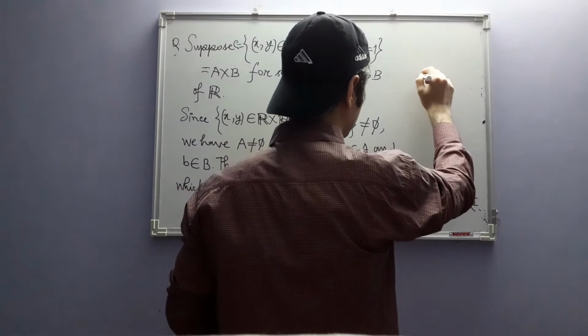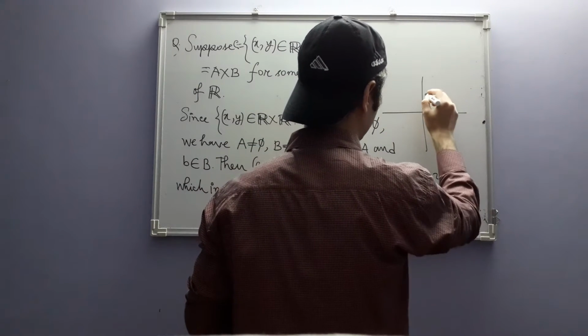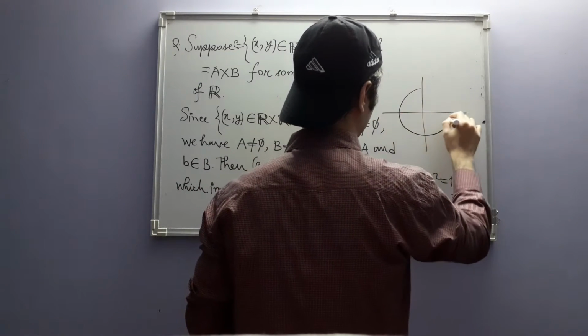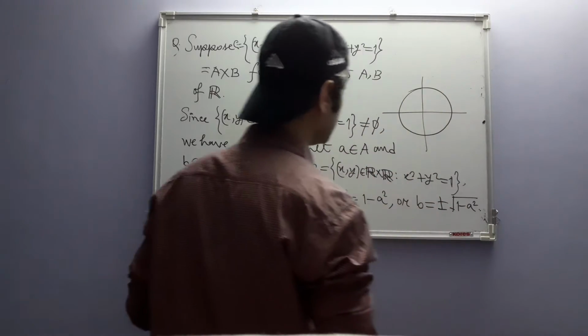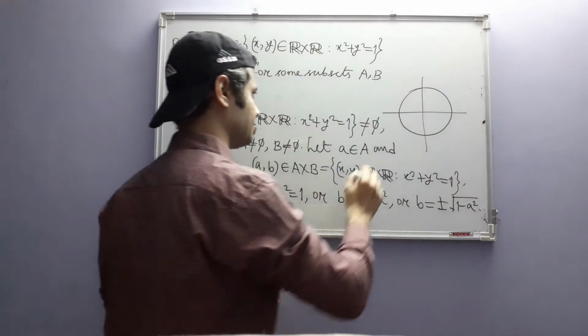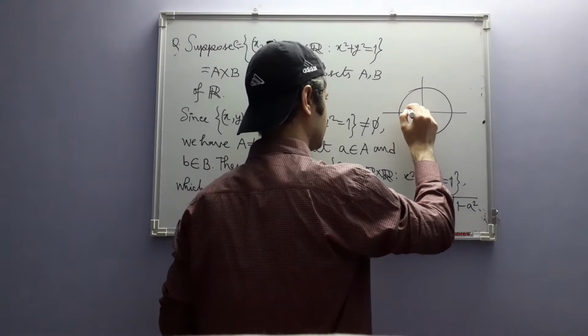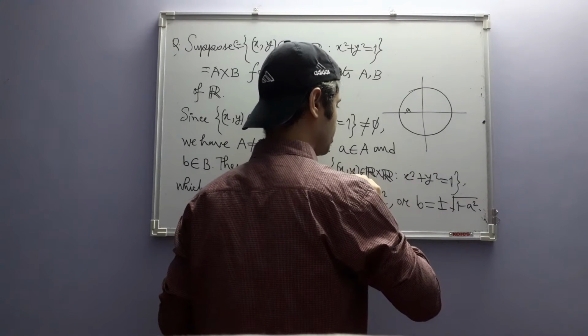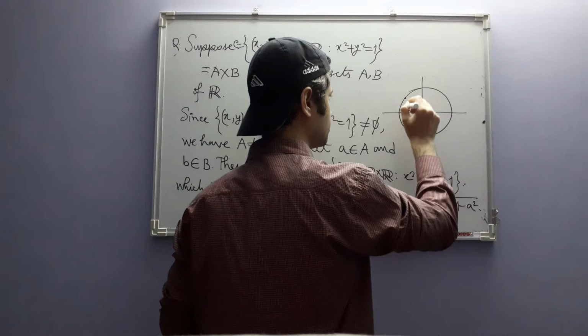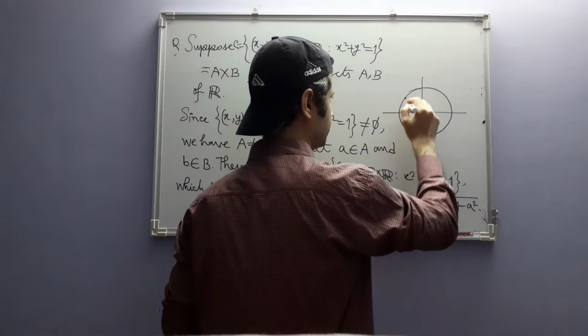It helps to think of the diagram also. For example, if I am having a here, then for me, this is one value of b, this is another value of b.